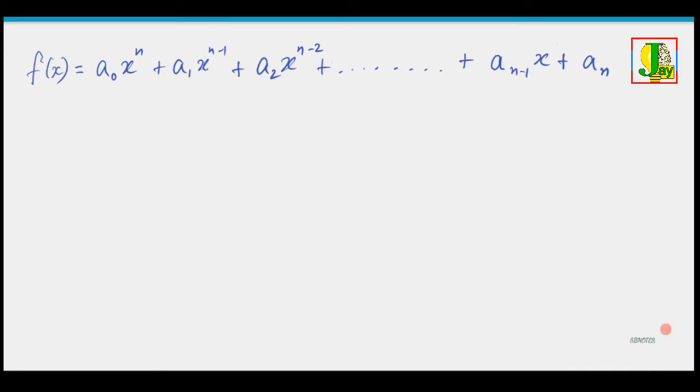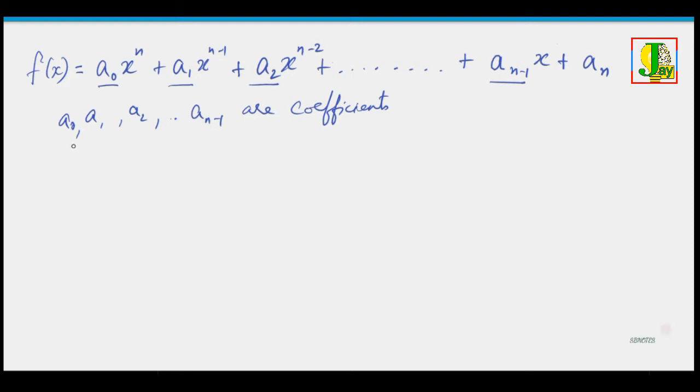Now f(x) is the polynomial with the variable x, right? So x is the variable here, and these are known as the coefficients. So a1, a0, a2, an minus 1 are coefficients.